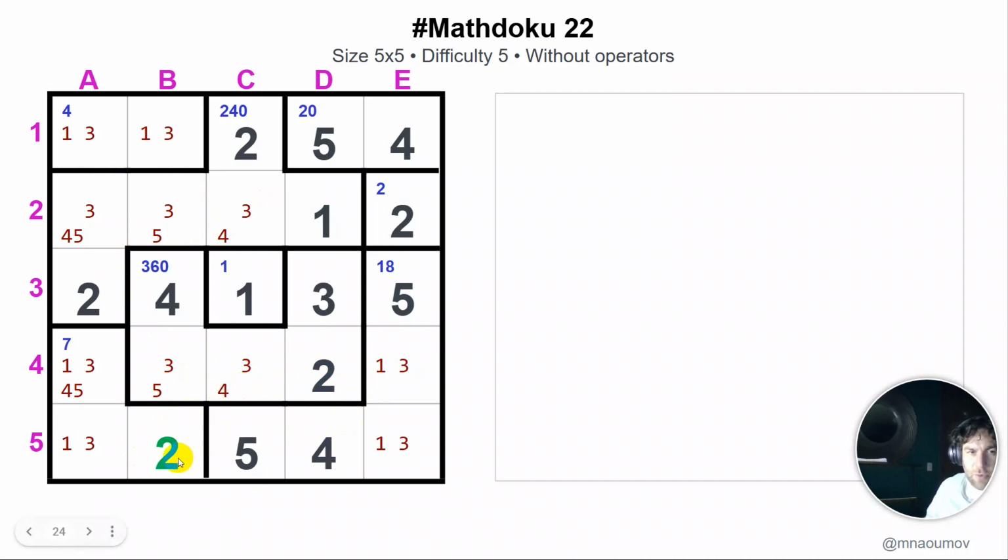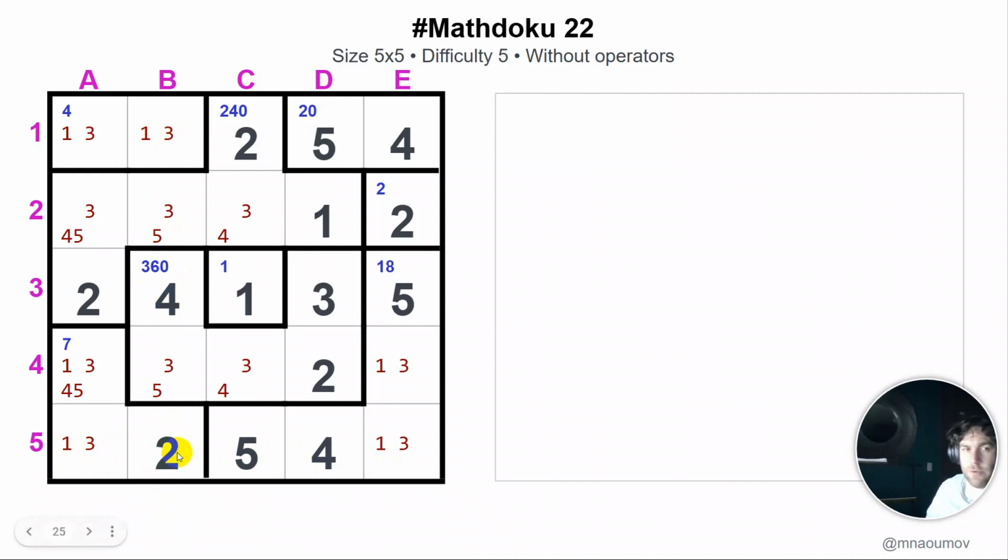But also we can see that, for example, these two we could deduce from this row, the only place where 2 can be, or we could deduce it from the column. This was the only place where 2 could fit.